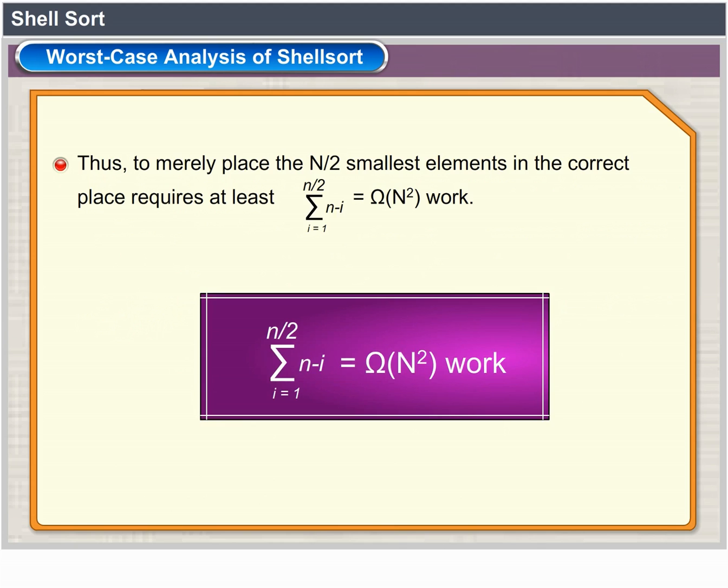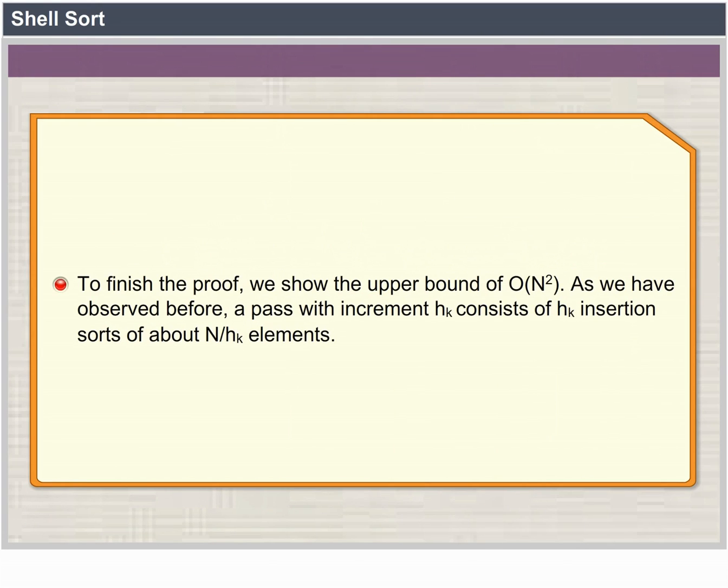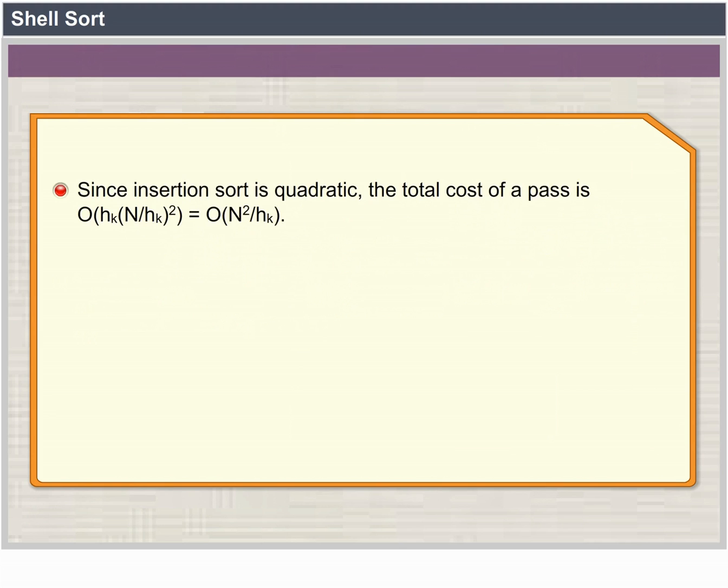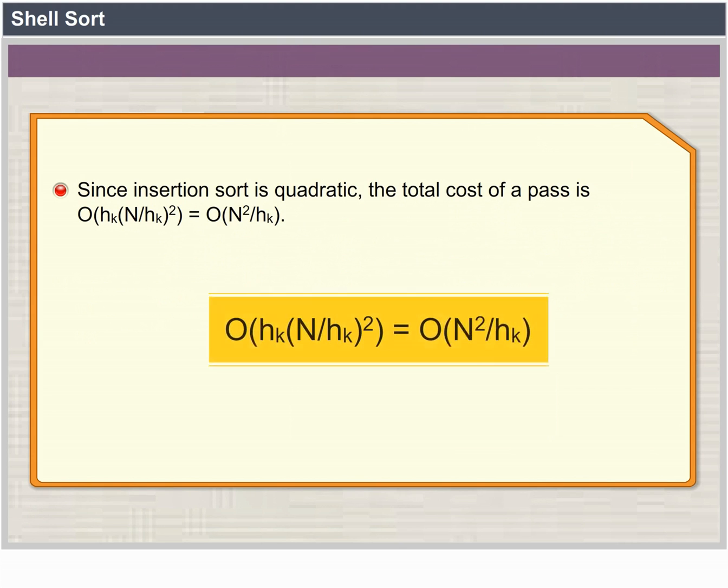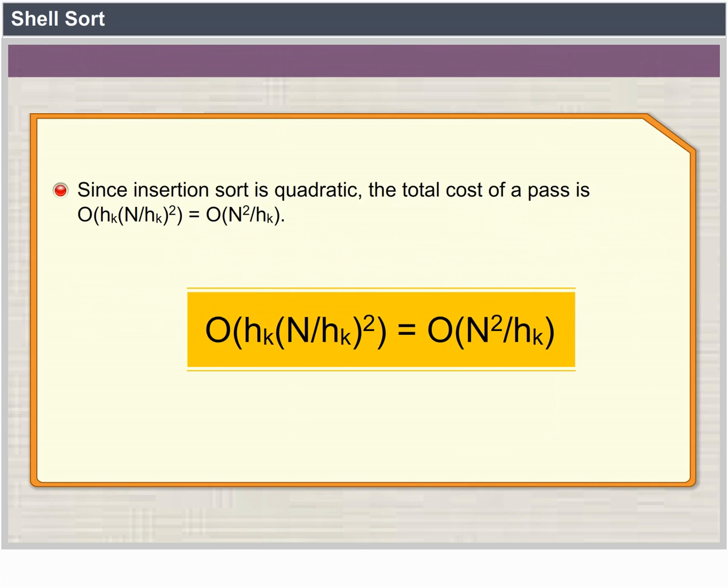To finish the proof, we show the upper bound of O(n²) as we have observed before. A pass with increment hk consists of hk insertion sorts of about n/hk elements. Since insertion sort is quadratic, the total cost of a pass is O(hk · (n/hk)²) which equals O(n²/hk).